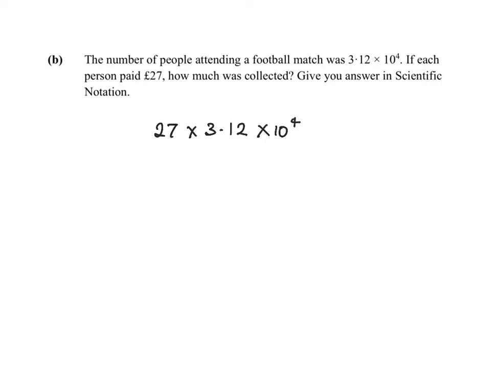And you can do that on your calculator, and it gives 842,400, and we have to convert that into scientific notation, so it's 8.424 times 10 to the power of 5, and that of course will be pounds.